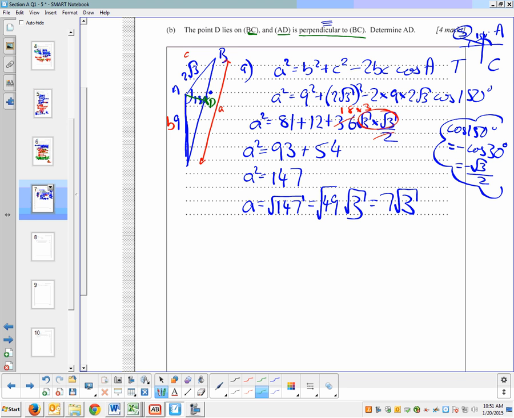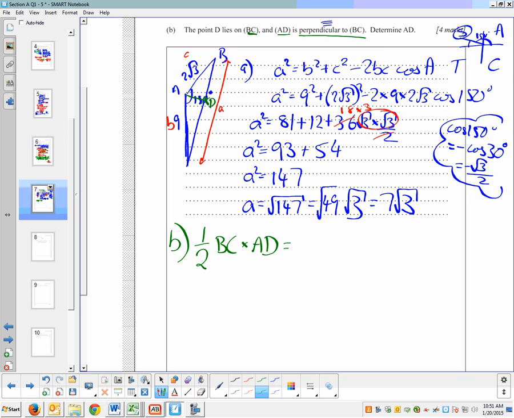Now there's a couple of ways to do this, but the easiest way is to realise that since AD is the height, then we've got a half of BC times AD is going to give us the area of the triangle, because they're perpendicular. It's just half base times height.